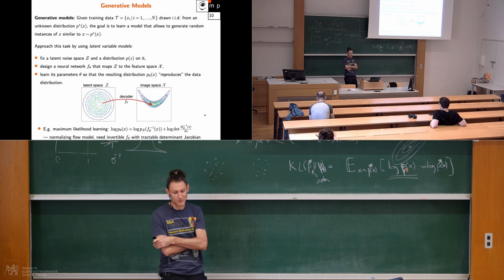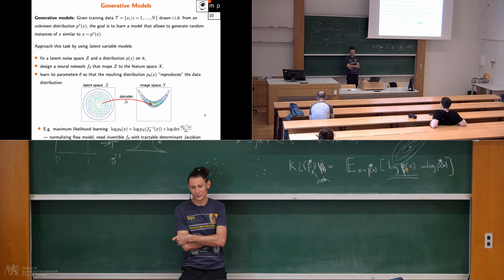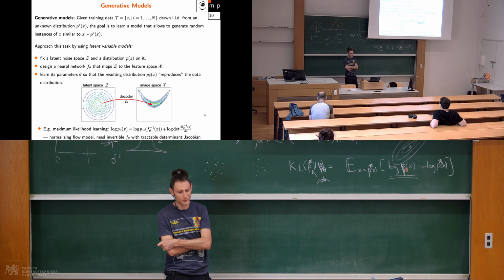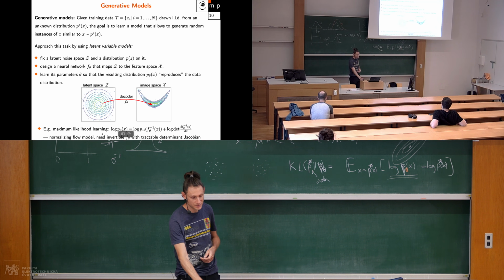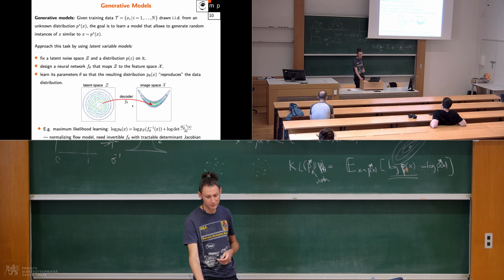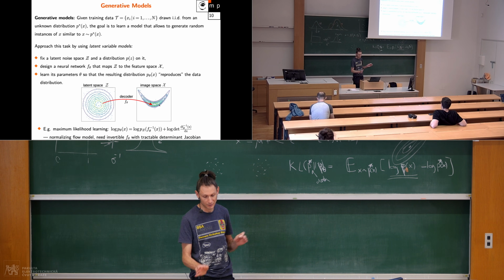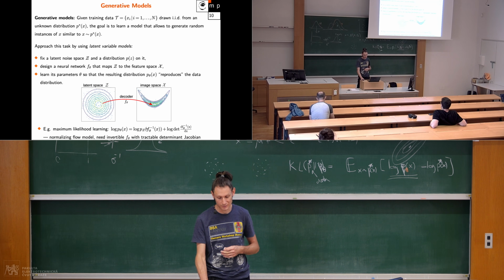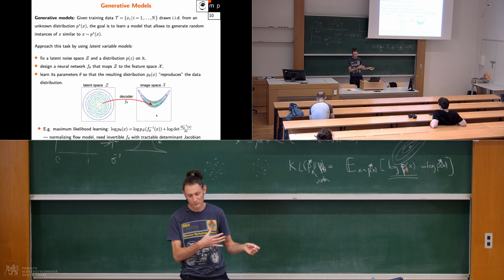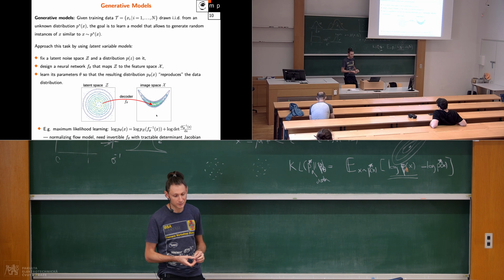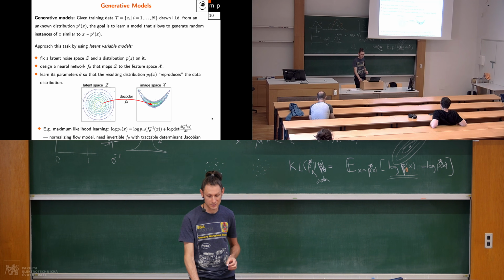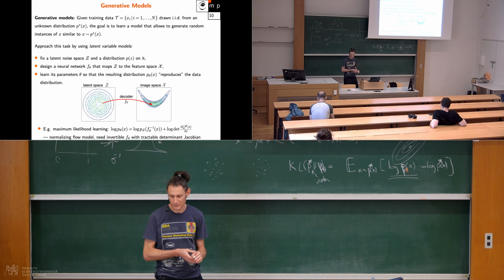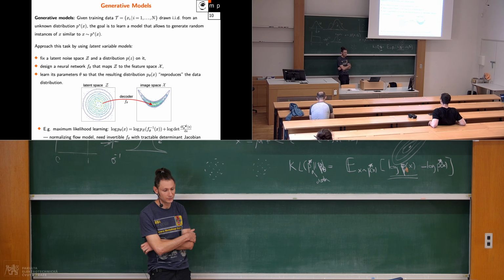And it has these limitations, right? By requiring the network to be invertible, the spaces must have the same dimension. And the flexibility of the network, which must be invertible by design, could be rather limited. And this additional constraint that it must be tractable also limits this architecture a little bit.